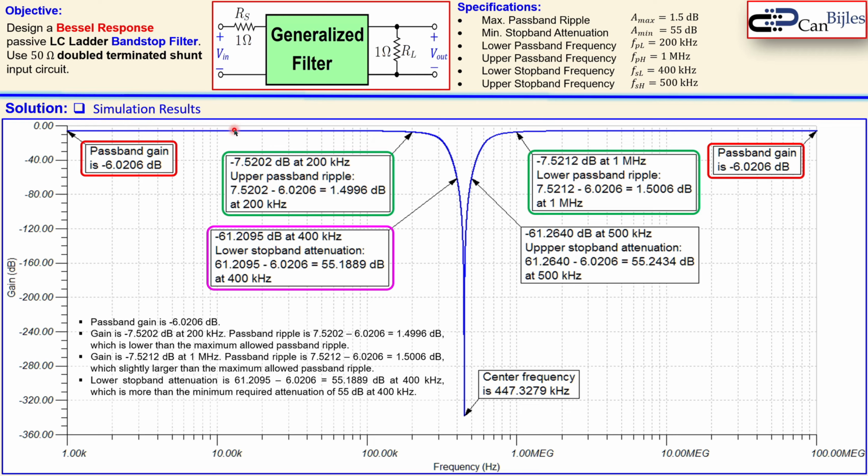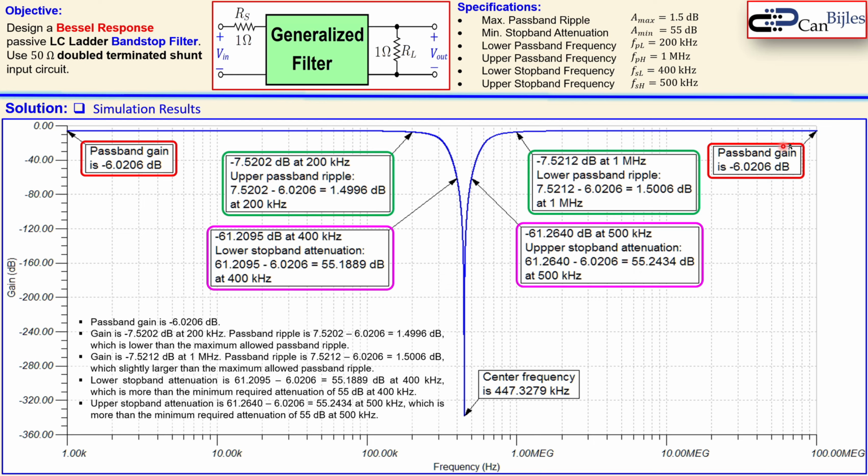Again, going down from the baseline, we go down by 55.19 dB approximately, which is at least 55, so that's also according to specifications. And the upper stop band frequency is also shown here, again going from the baseline down by 55.24 dB approximately, at 500 kHz, again according to the specifications.